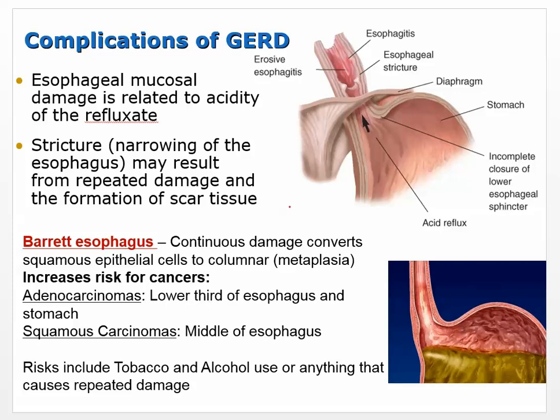Complications. We're talking about acid getting up into the esophagus, especially the lower part of the esophagus. So esophageal mucosal damage, that inner layer, can take place from that acid. A stricture may develop.